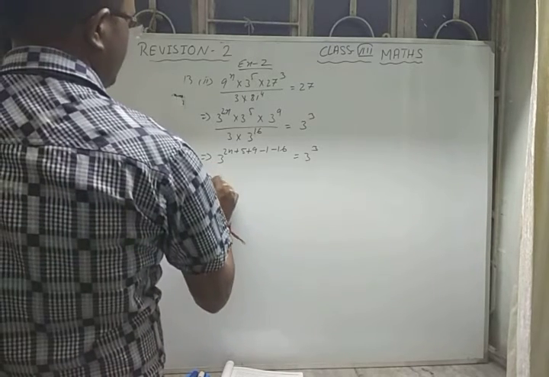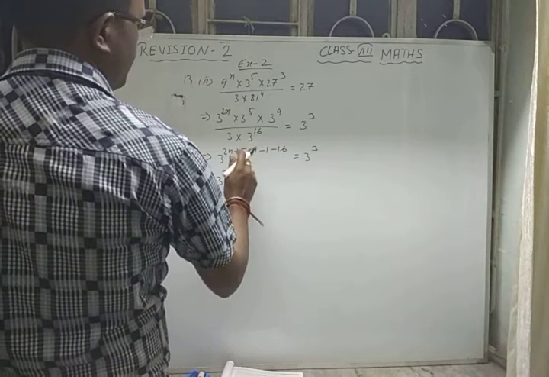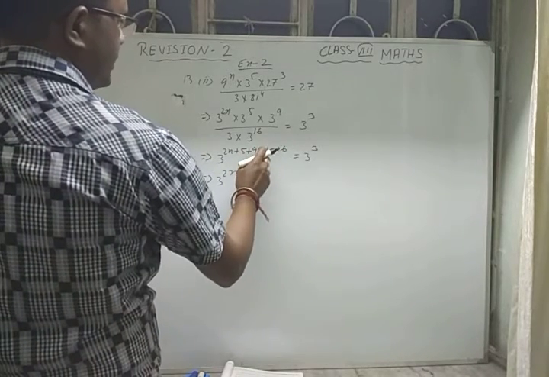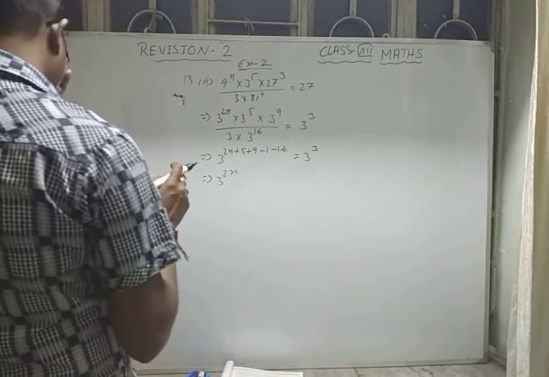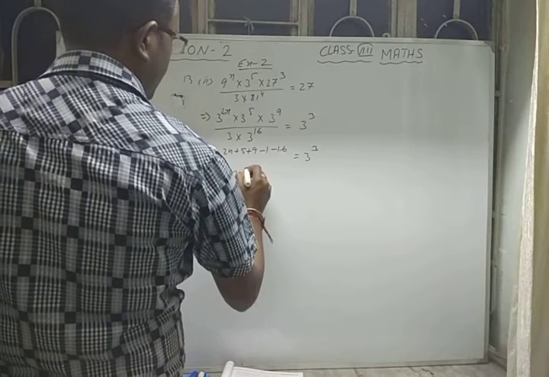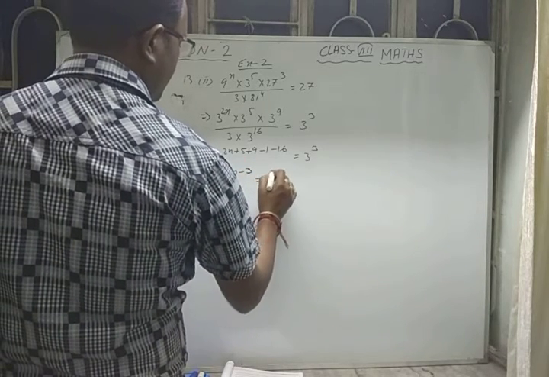So what will you get now? 3 to the power 2n, 5 plus 9 is 14, and minus 16 minus 1 is minus 17, minus 17 plus 14 is minus 3. It will be minus 3 equals 3 cube.